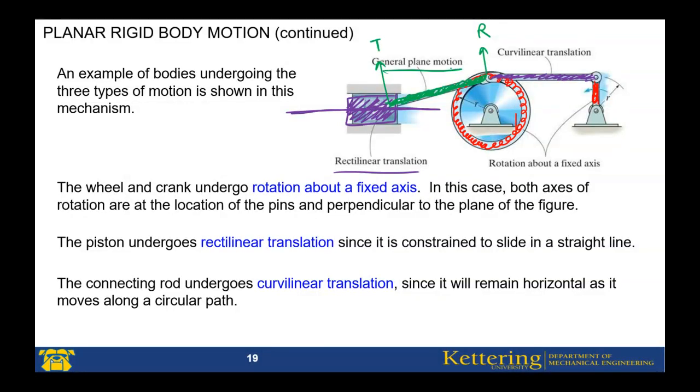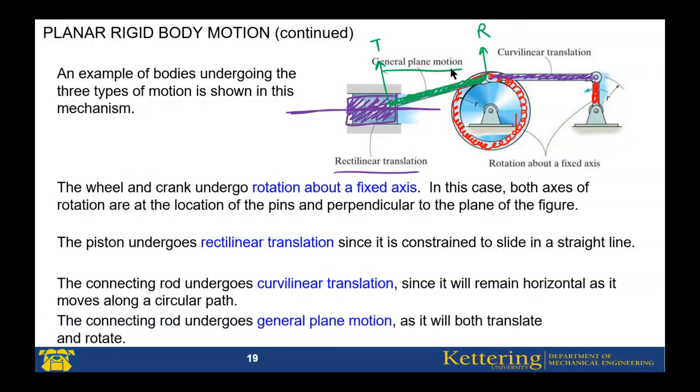This link has a general plane motion. For the remainder of this course, you will see how we can find the kinematics of the rigid body for a translation, for a rotation, and also for the combination of translation plus rotation.